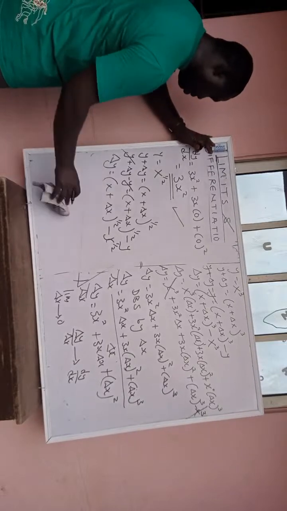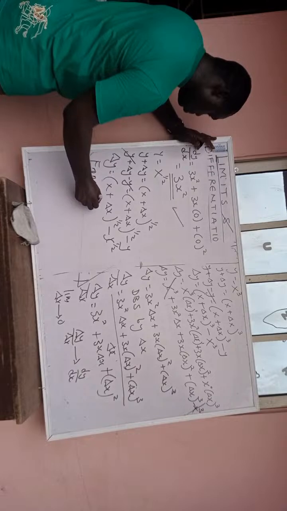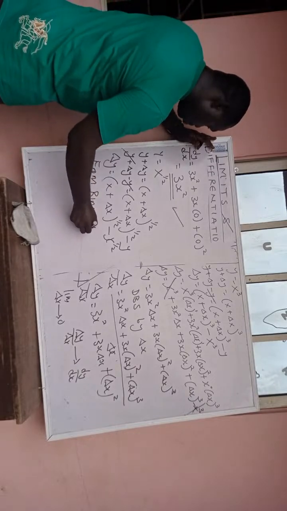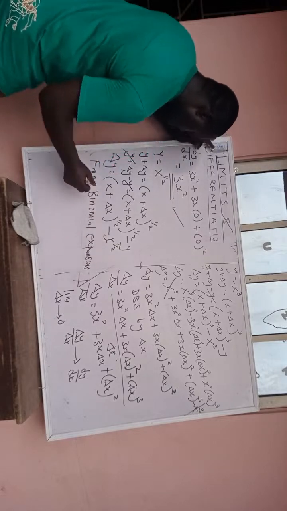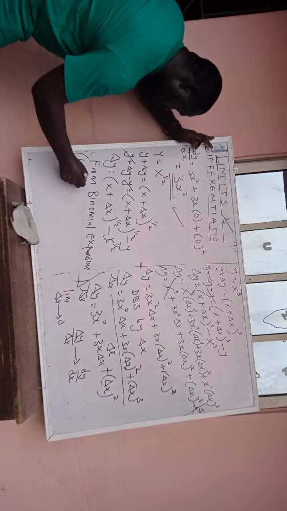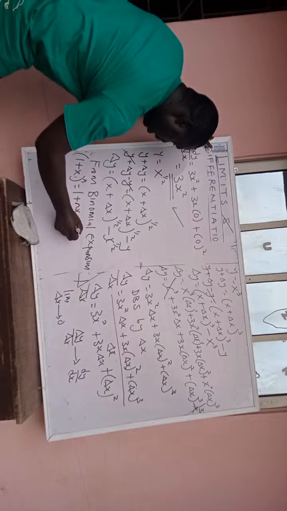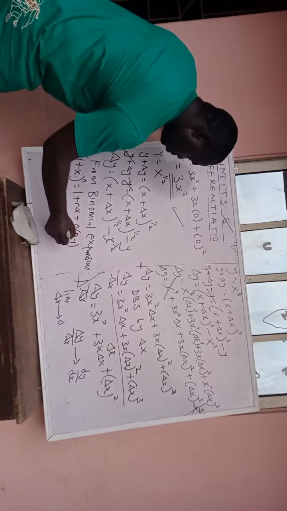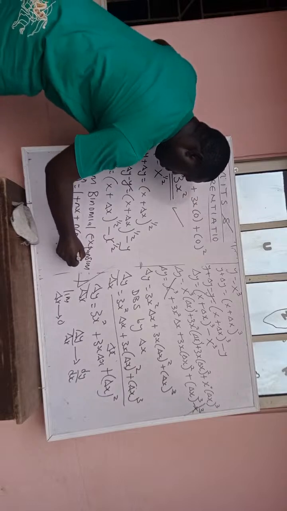So from binomial expansion, this is the same thing as nx and n(n minus 1) over 2 factorial times x squared.